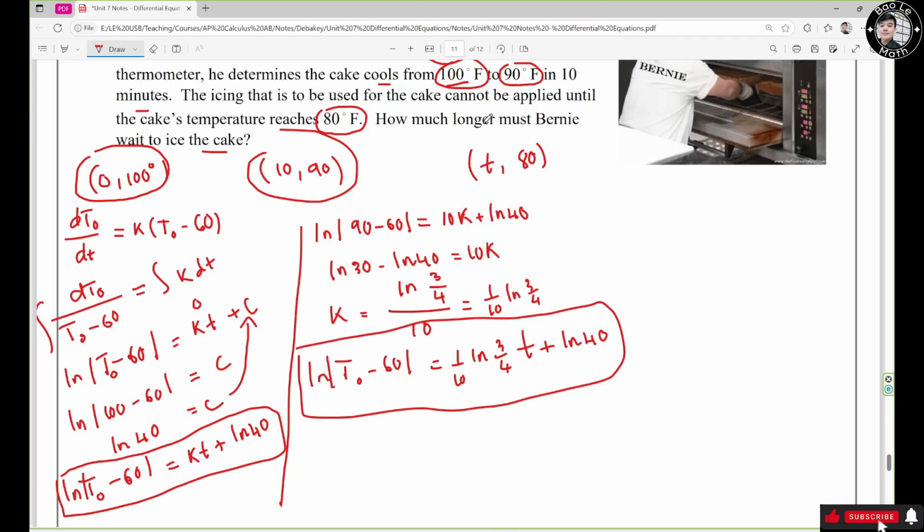Now we're going to use the third ordered pair to solve for t. T equals 80. So 80 minus 60 is 20, equals 1 over 10 natural log of 3 over 4 times t plus natural log of 40.